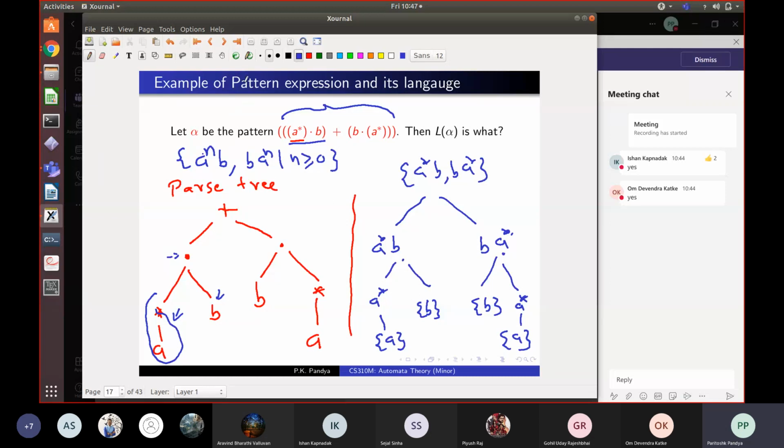We will do something similar. We will construct epsilon NFA for each of the leaf nodes, which represents its language. And for every node, given the automata for the left subtree and the right subtree, we will construct the automaton for the tree, right? So if we know the automaton corresponding to these two blue circles, we will construct an automaton corresponding to this node, so that this sub expression will have same language as the language of the automata we constructed.